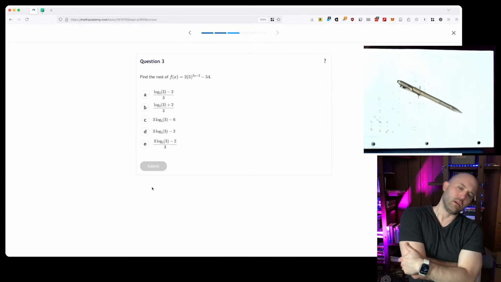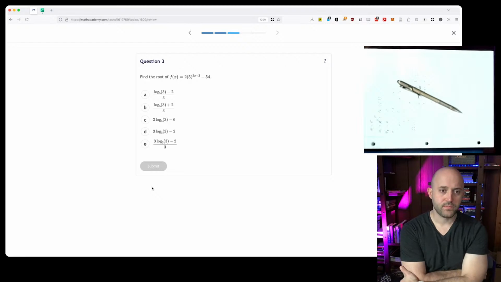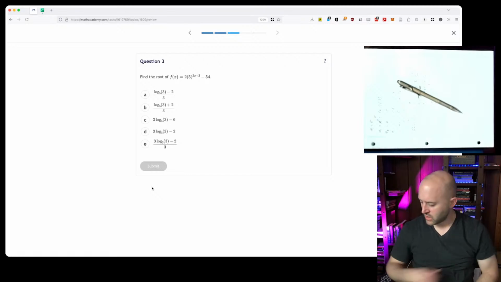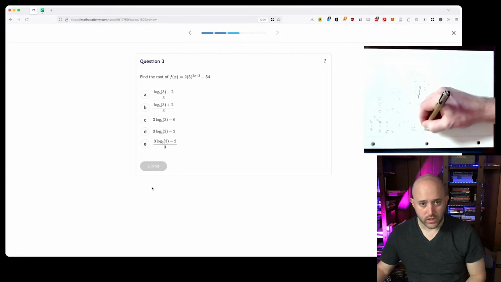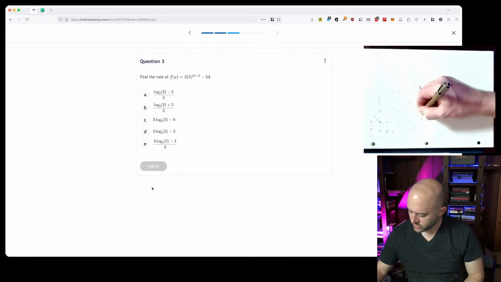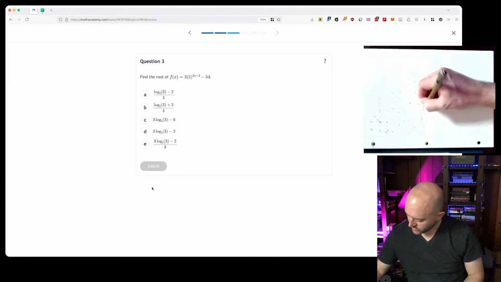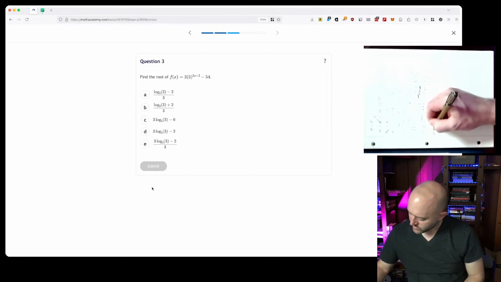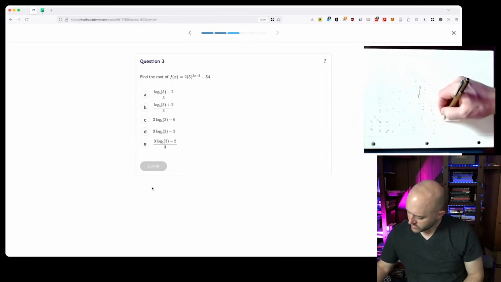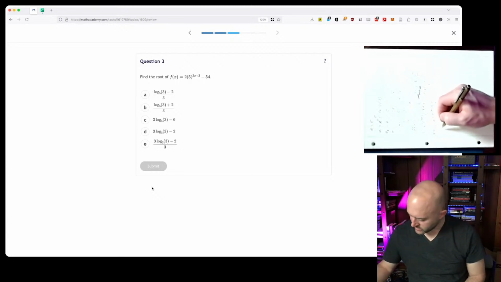Find the root of f of x equals 2 times 5 to the 3x plus 2 minus 54. Okay, 0 equals 2 times 5 to the 3x plus 2 minus 54. So 54 equals 2 times 5 to the blah, blah, blah. Divide by 2, just 5 to the 3x plus 2 is 27.